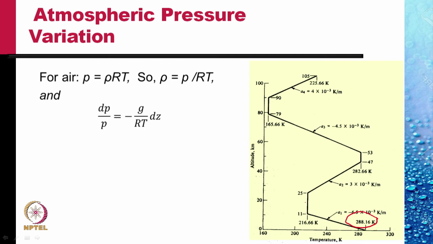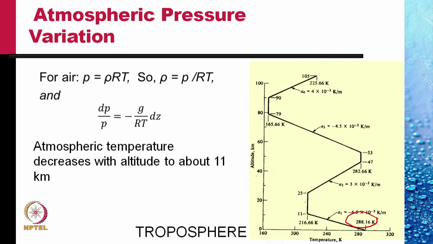At 11 kilometers height, the temperature is only 216.66 Kelvin, which is about minus 58 degrees Celsius. This atmosphere up to 11 kilometers is called troposphere. This is the band of atmosphere in which most of the weather activity is confined.